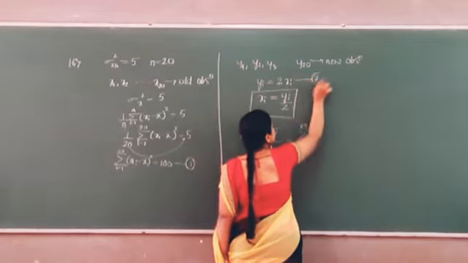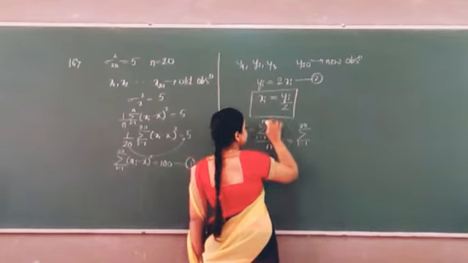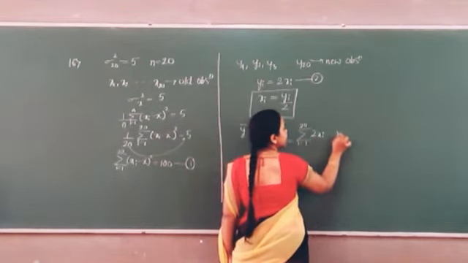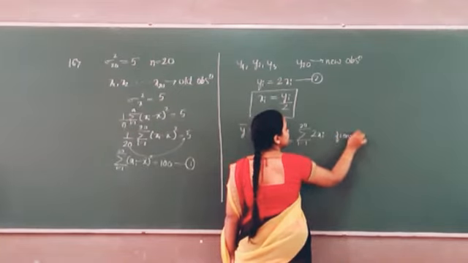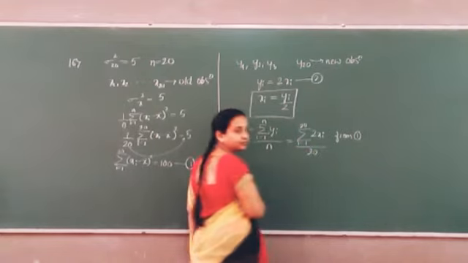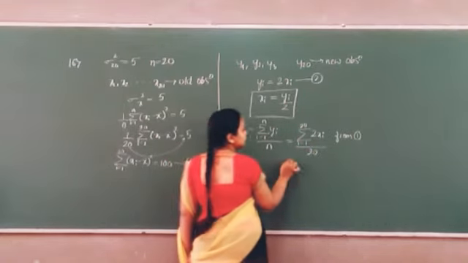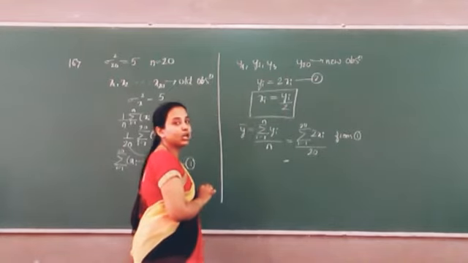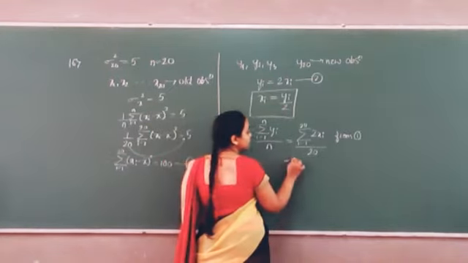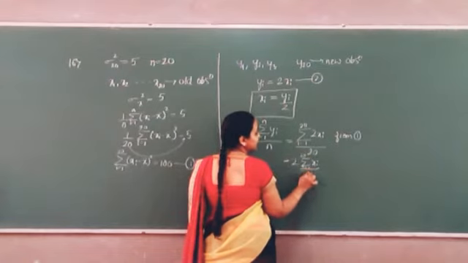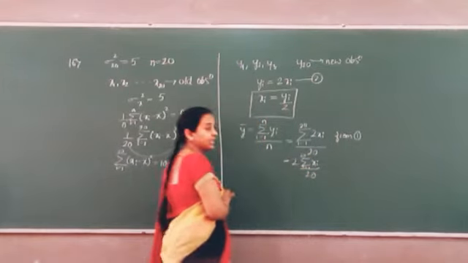If you want you can name it as equation 2. yi is equal to 2 into xi. This we have written from equation number 1. Whole divided by 20. As 2 is a constant, summation is not applicable for a constant, so we will take 2 outside. 2 into summation of xi where i goes from 1 to 20 divided by 20.